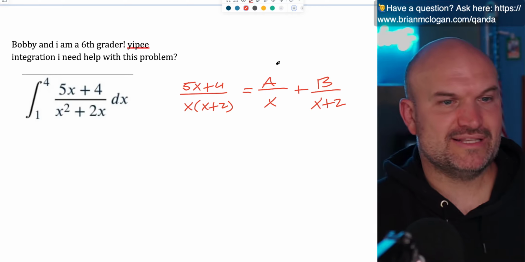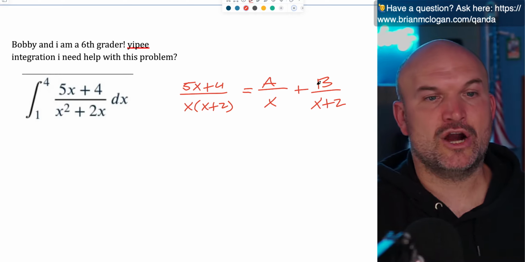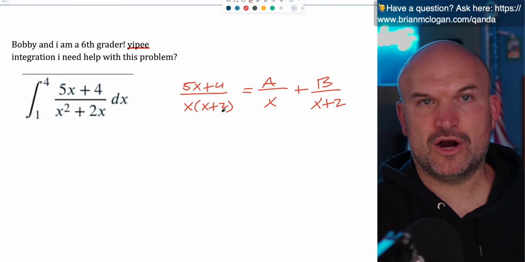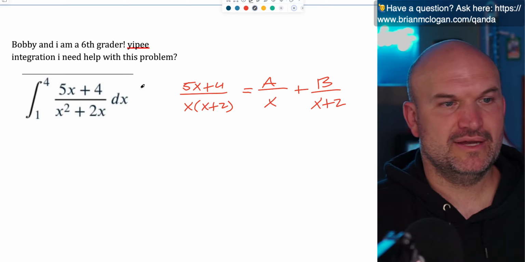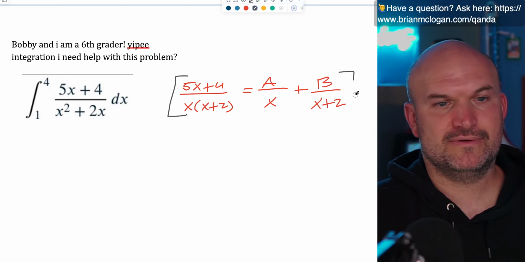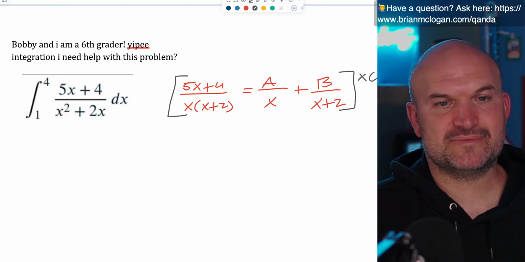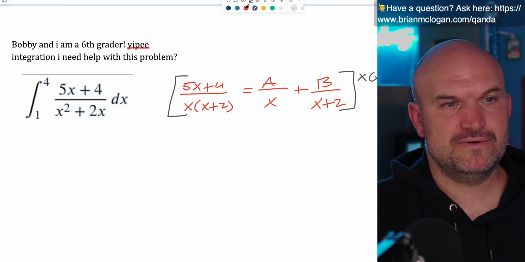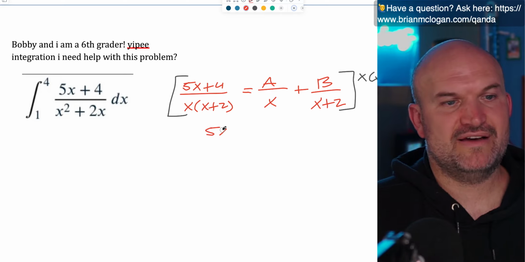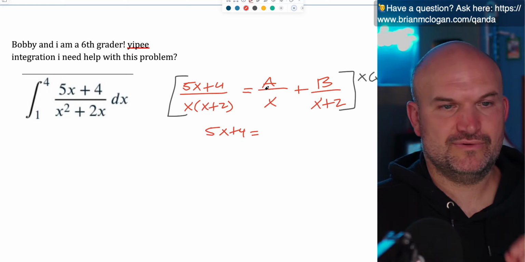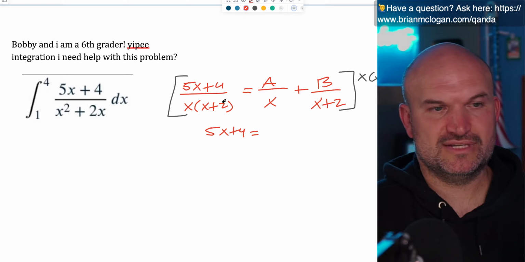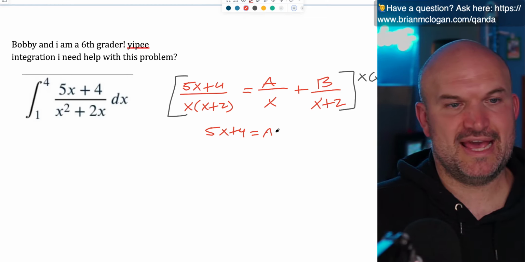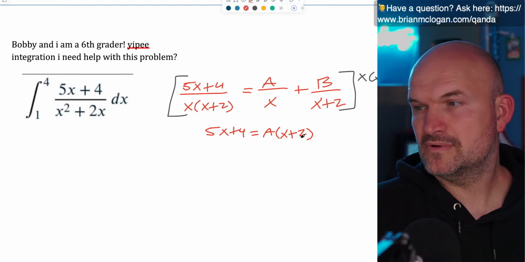One way to identify our A and our B would be to, first, get rid of our denominators. So the first thing I'm going to do is multiply everything by x times (x + 2). When I do that, I'm now going to have 5x + 4 equal to, if I multiply that times that, those denominators divide out, x times (x + 2) over x leaves me with A times (x + 2).